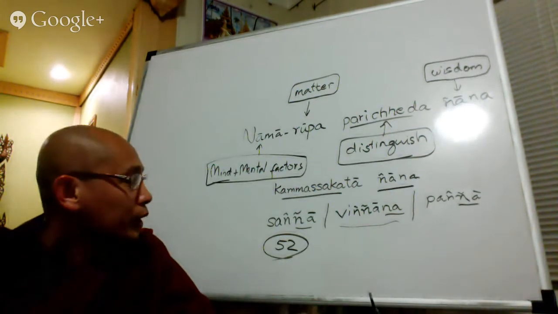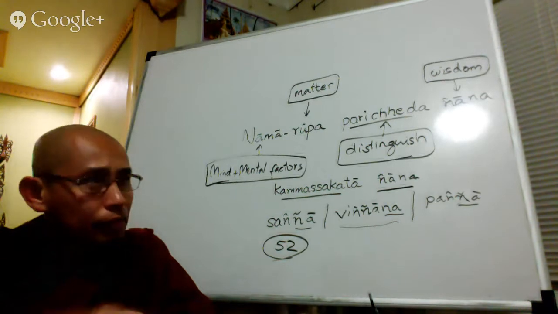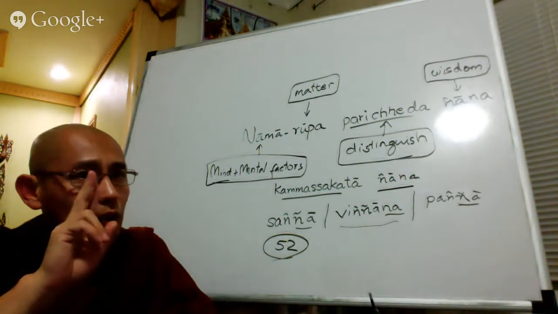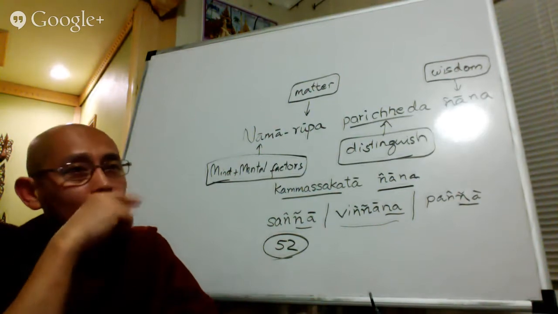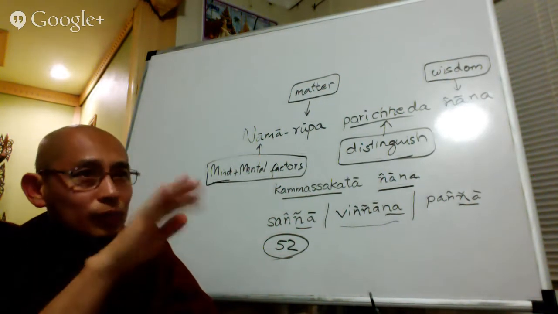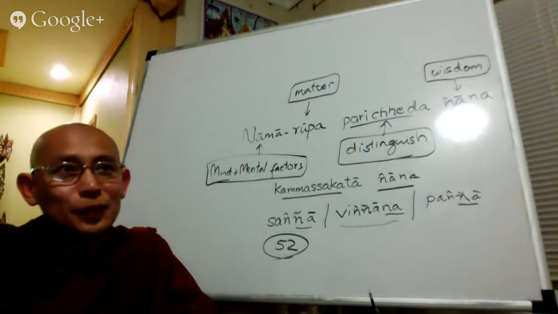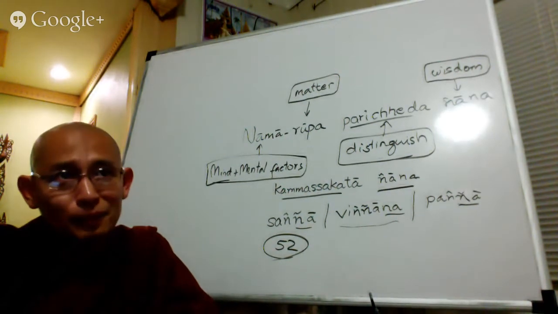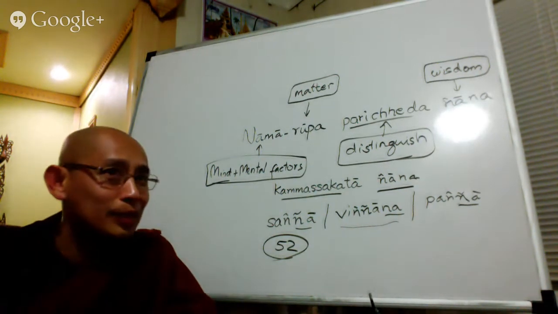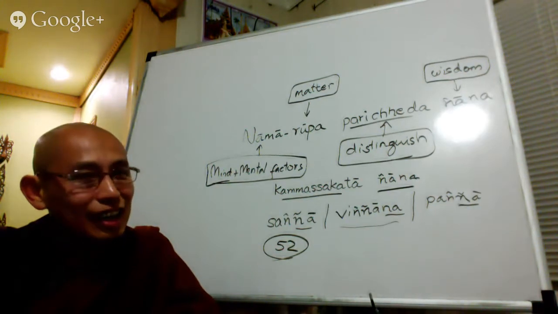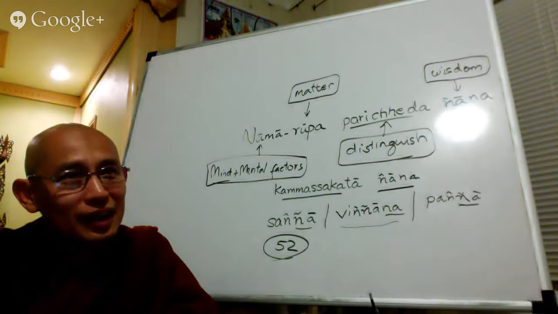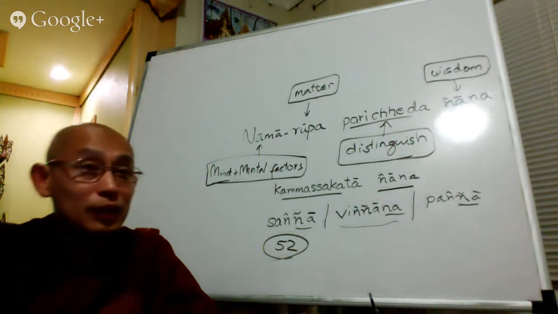So in Abhidhamma we learn two different levels of association. The first level is very simple, very easy to understand. But the second level is a little bit difficult, a little bit complicated. The first level is basic.